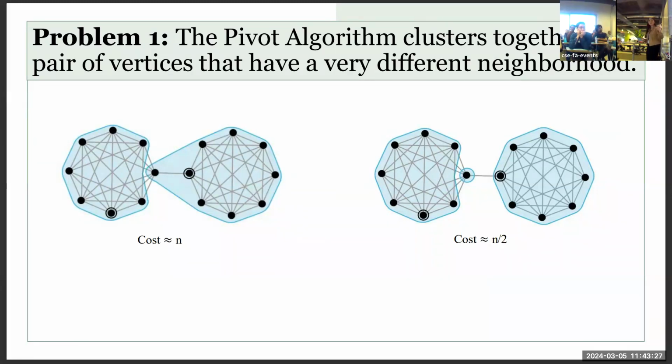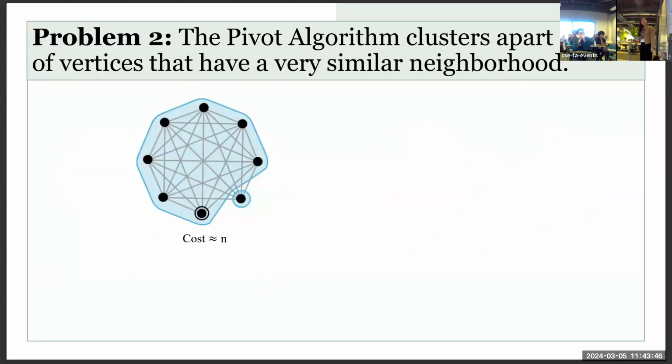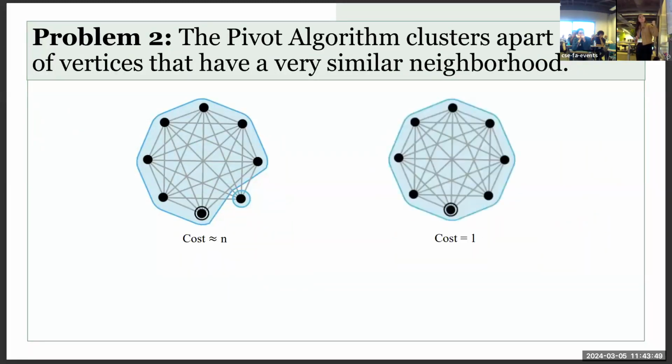This way, we're not paying for the non-edges between 2 clusters, we would be just paying for the edges, and the cost would drop, and we can beat the 3 approximation here. So the intuition would be to put this in a singleton cluster. And in the second example, if we see a vertex that has a very similar neighborhood to our cluster, then we just add it to the cluster. This way we can again decrease the cost.